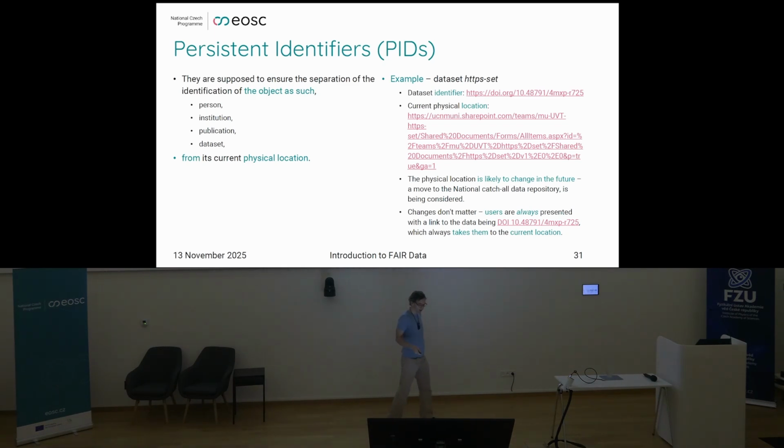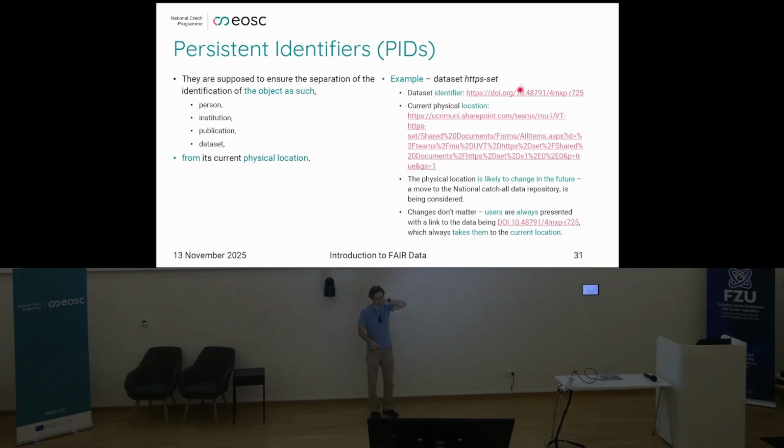The main concept is that the identifier is identifying some object, and the identity of the object is different, or should not be mixed with the current physical location of the object itself.